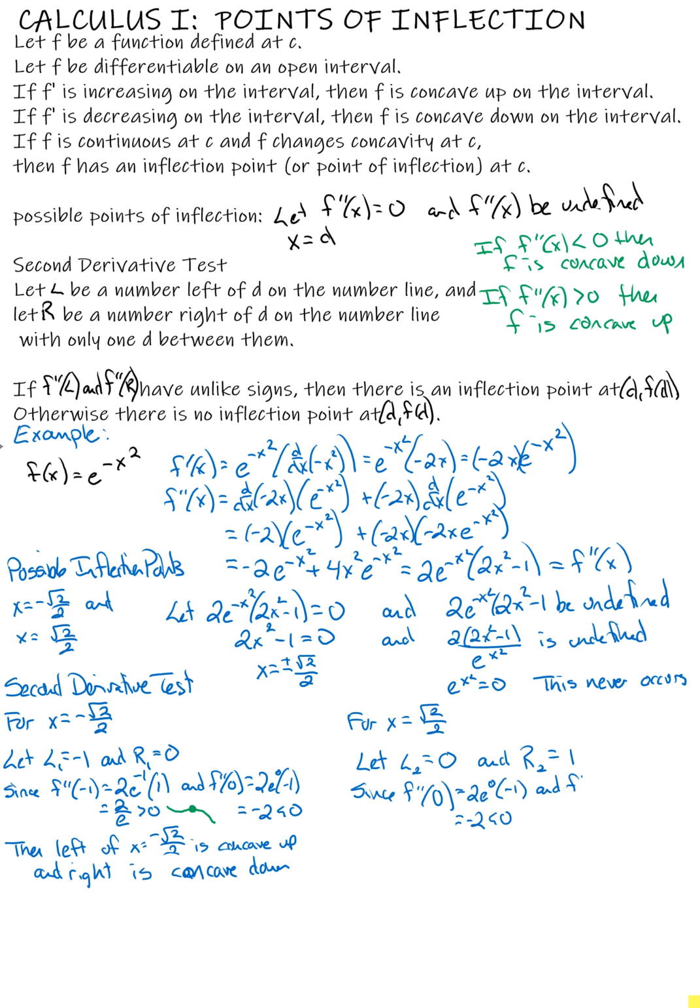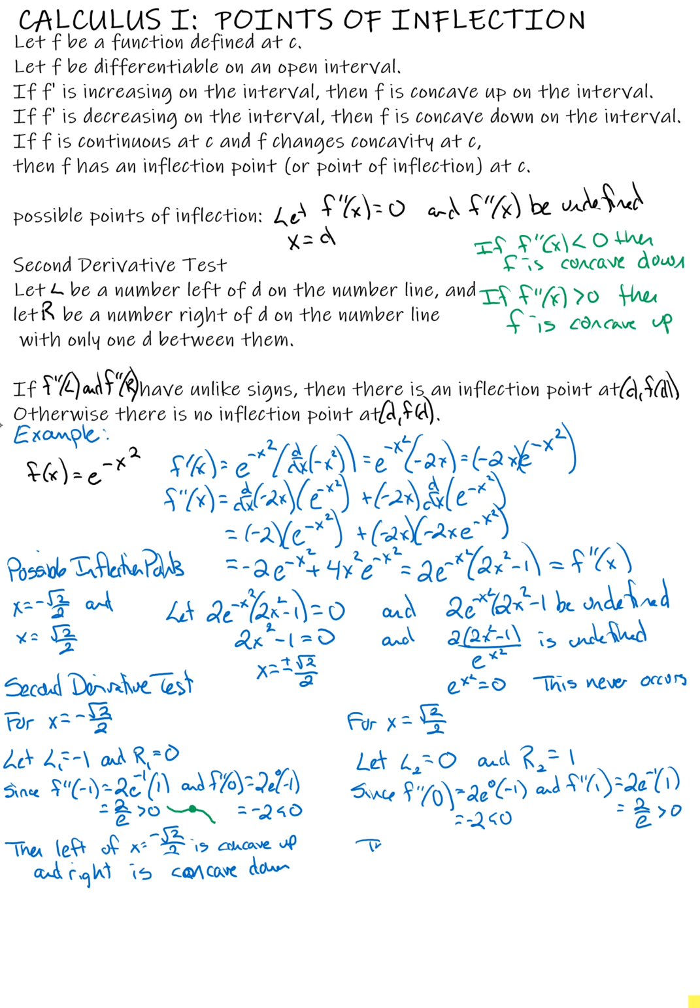And the second derivative at 1, evaluating f double prime for x equal to positive 1, we get 2e to the negative 1 times 1, which is 2 over e, a positive number.